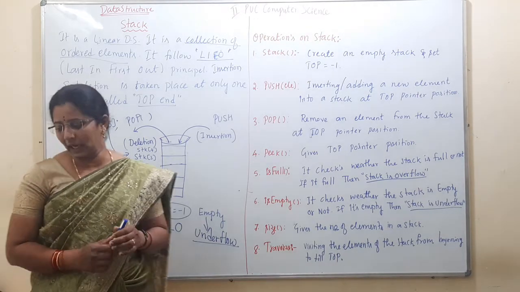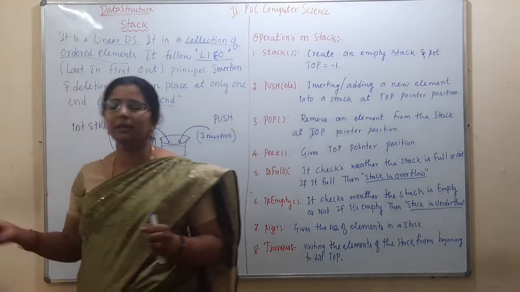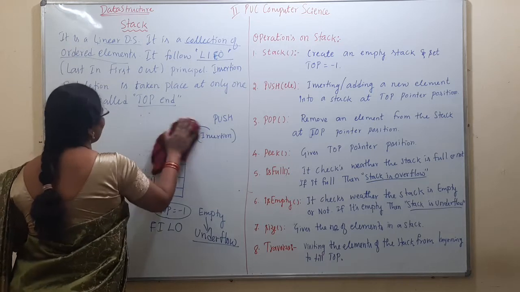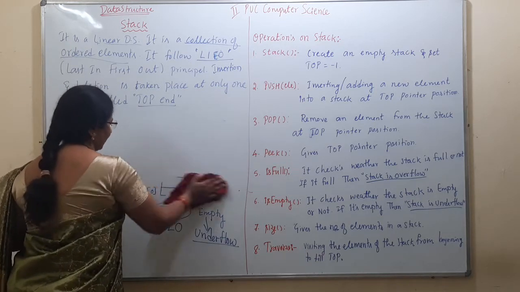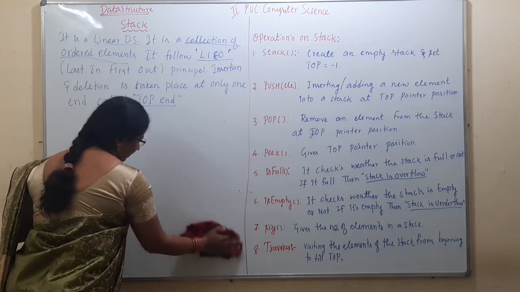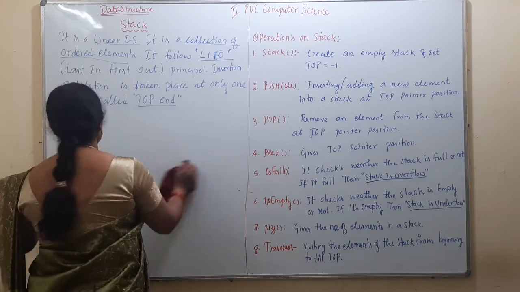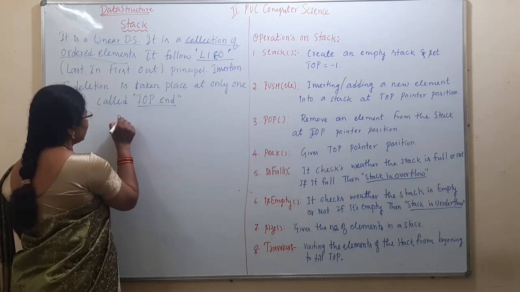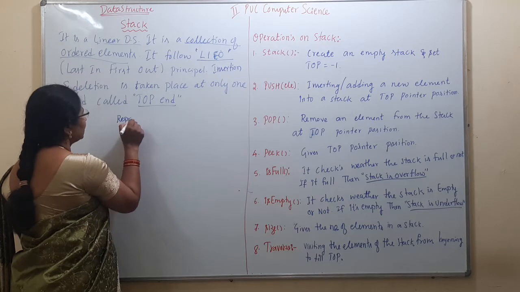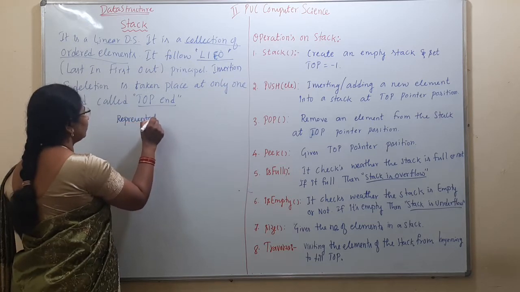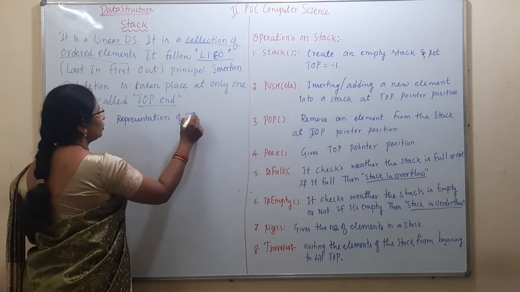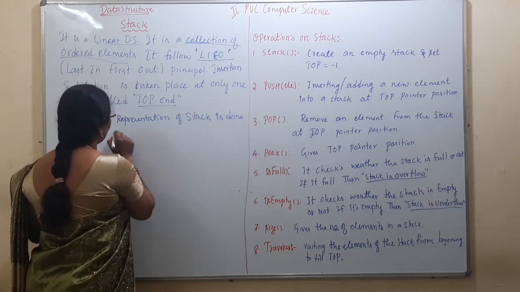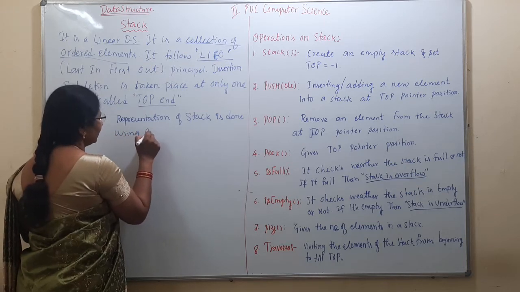Then, how are stacks implemented? Stacks can be implemented in two different ways: using the array concept and using the linked list concept. For understanding purposes, we are writing the stack in array representation. Representation of a stack is done using arrays.